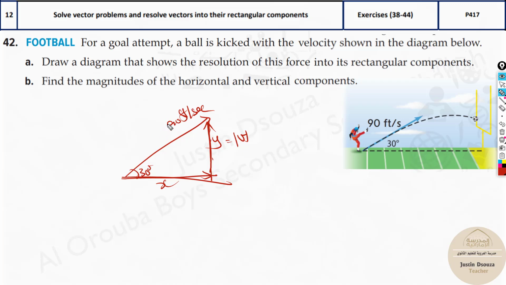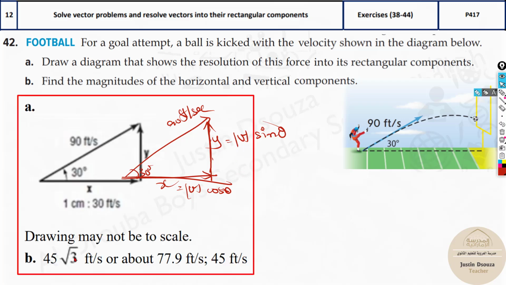Magnitude in the sense, this will always be positive, but if it is any other sign, you have to just take the magnitude, make it positive itself. Then we have sine theta, it will be 90 sine 30 degrees, and x is v cos theta. This is the formula. Just put the values over here, just like what we did in the previous problems, you will get the answers. These are the answers.